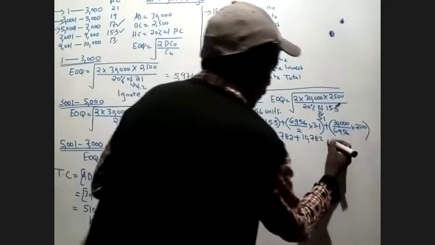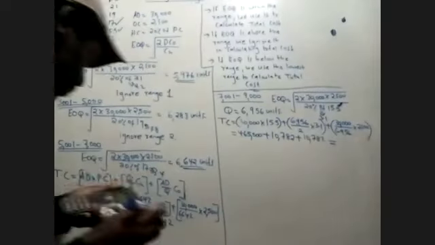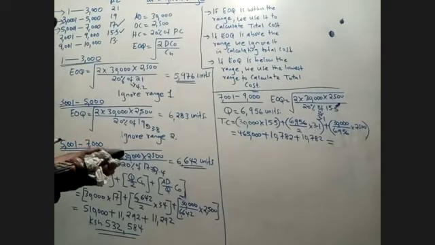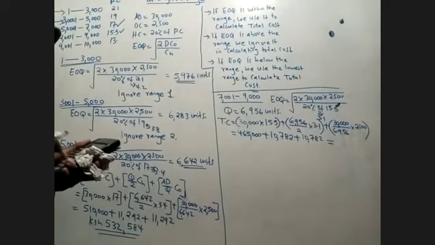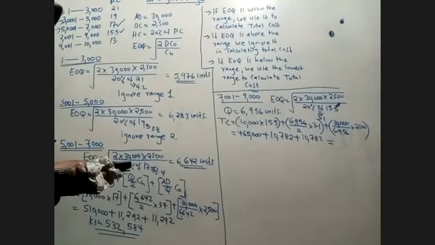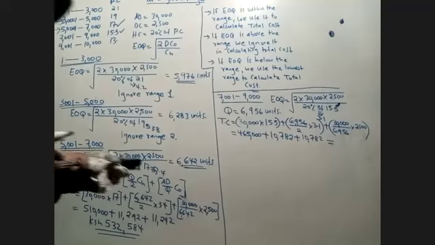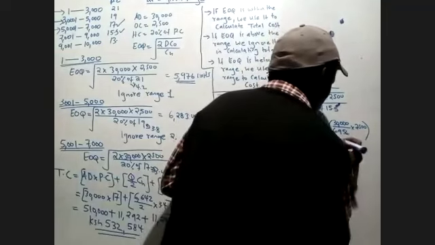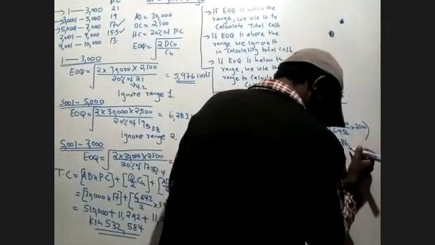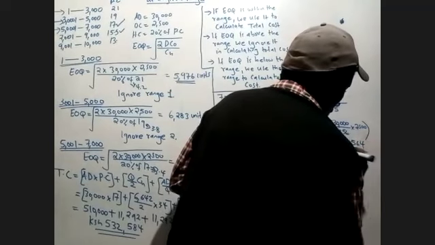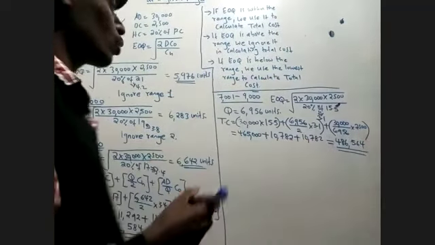Add them together: 465,000 plus 10,782 plus 10,782 gives 486,564. So this is the total cost if we go with that one.